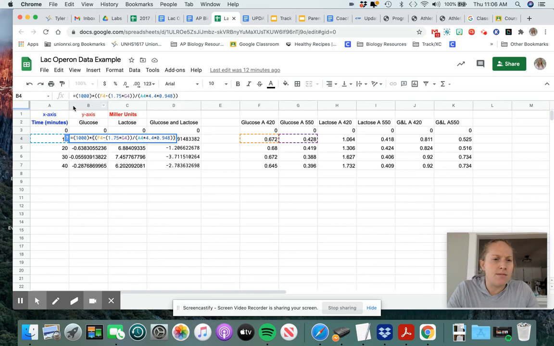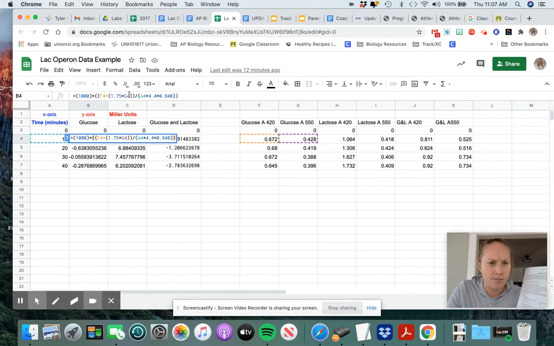But in this equation, I have the 1,000, and then I have multiplied by F, and then I have the numerator F4, which is that 420, which is just what it is on that Miller unit equation, minus 1.75 times G4, which is that A550, and it highlights these regions in the corresponding colors, which makes it easy for you to know which cell that is referring to.